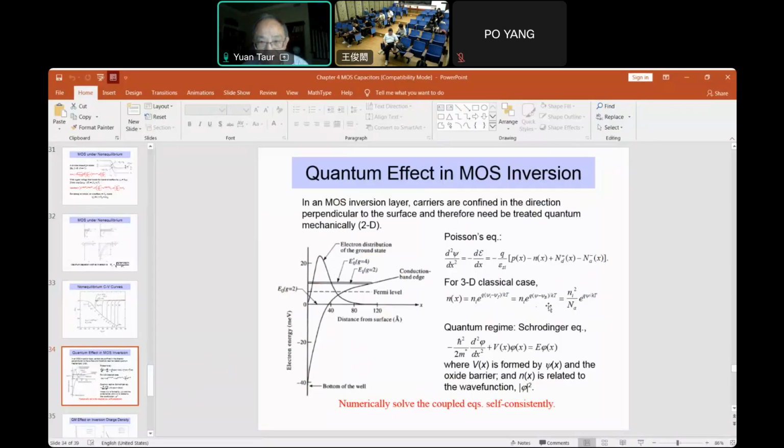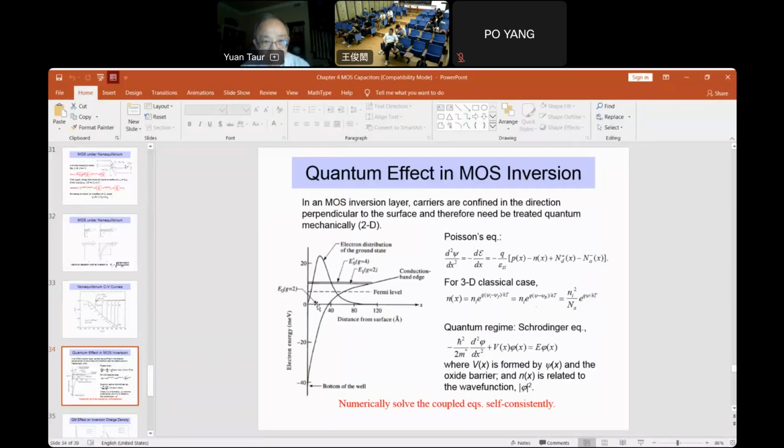But if there's a quantum mechanical effect, for example, this example shows the conduction band, and that's the oxide interface. The electron populates this very narrow channel near the surface, that's 40 angstroms.